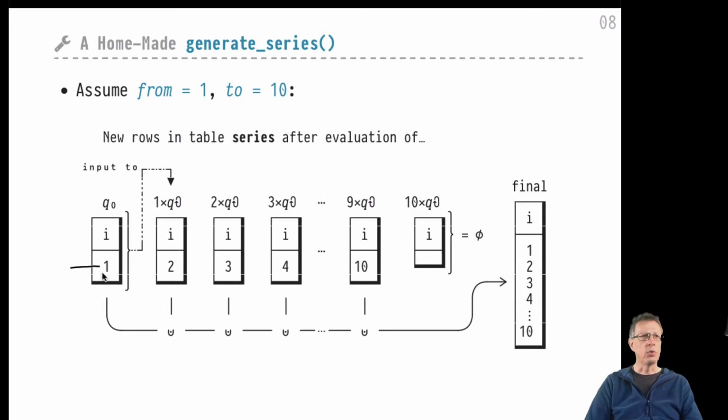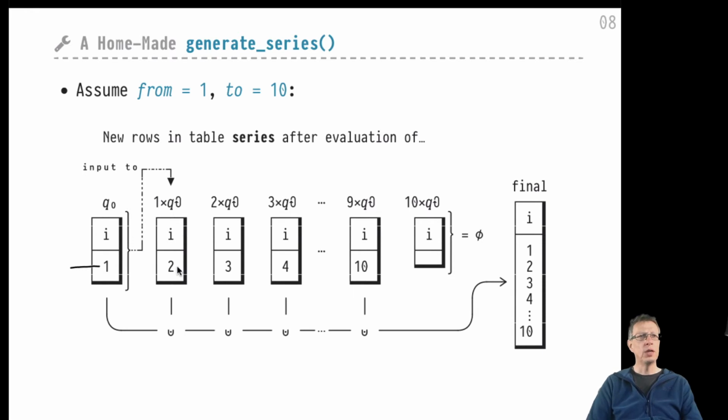This is being fed into the first iteration of our recursive query. So this first iteration will see this input result. It will check the 1 against our upper limit 10, which is still less. So that row would be admitted, and we would use it to generate the next value in the sequence, the 1 plus 1, the 2 value here.